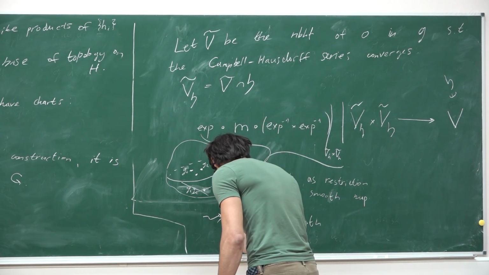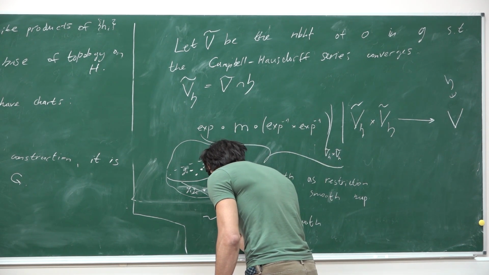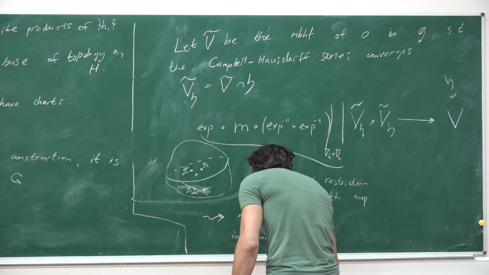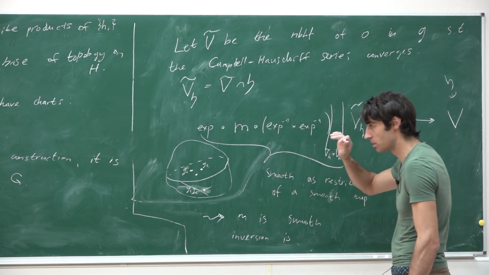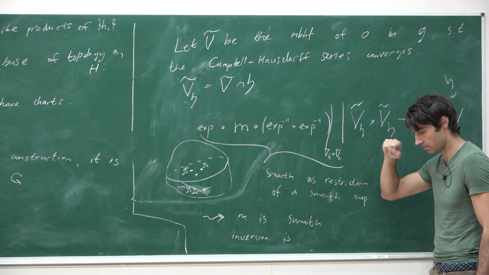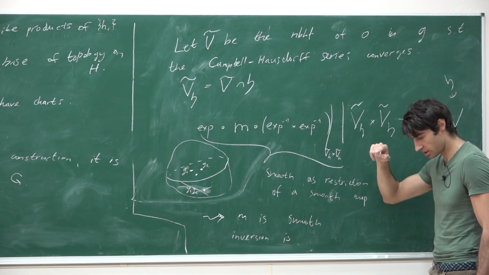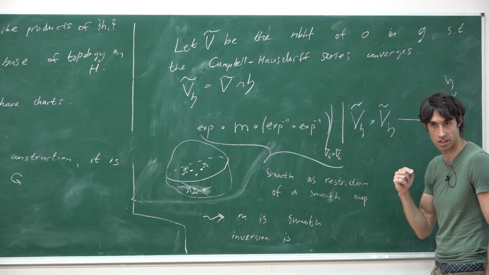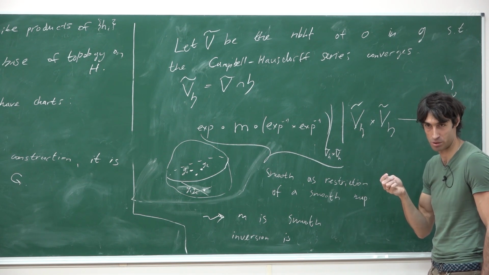All right. So inversion is smooth by the same argument. Actually easier, because for X in a Lie algebra, inversion just means taking the minus sign, right? You don't even need Campbell-Hausdorff here.